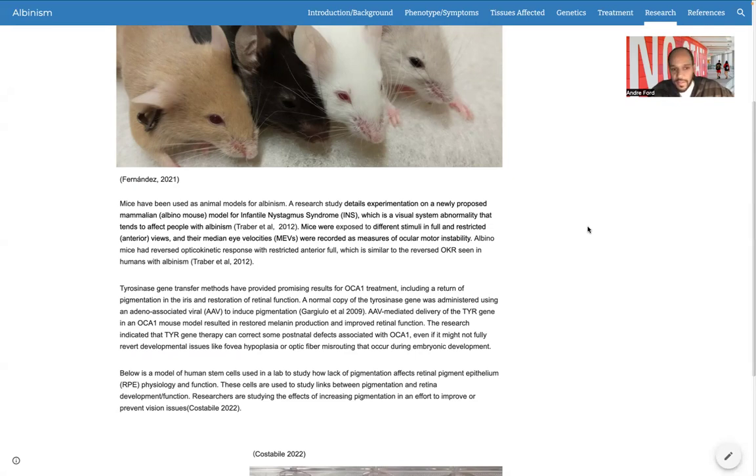You should also be able to see how those genes are used or manipulated with future treatments, as far as adding the tyrosinase gene back into the OCA1 to correct for the previous R402Q mutation. Thank you, and I hope you learned something about albinism.